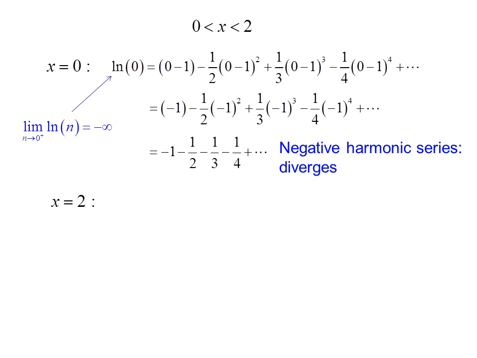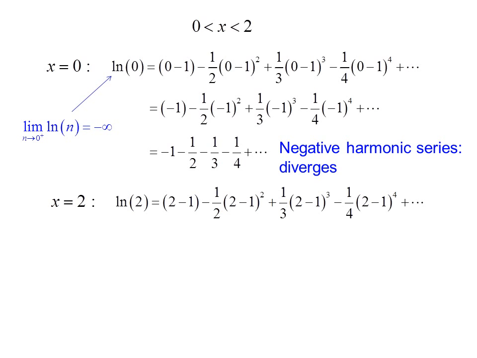At x equals 2, we have ln 2 equals 2 minus 1 minus 1/2 times (2 minus 1) squared plus 1/3 times (2 minus 1) cubed minus 1/4 times (2 minus 1) to the 4th, which is 1 minus 1/2 plus 1/3 minus 1/4.